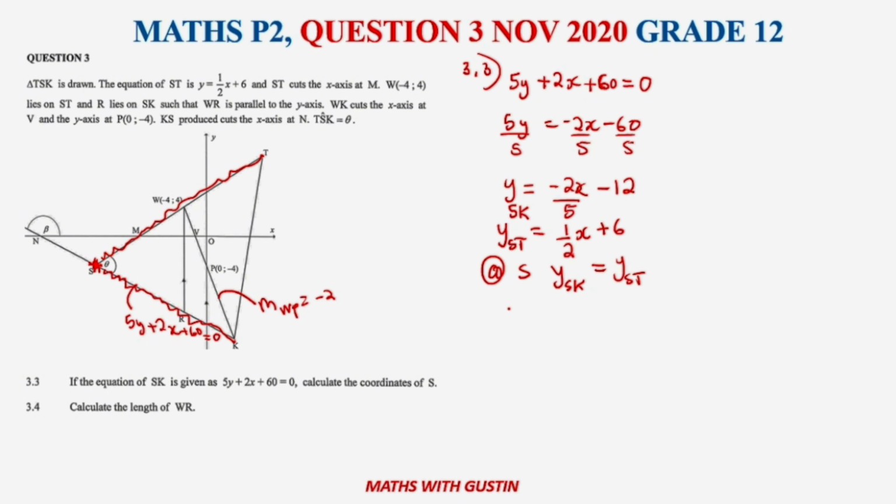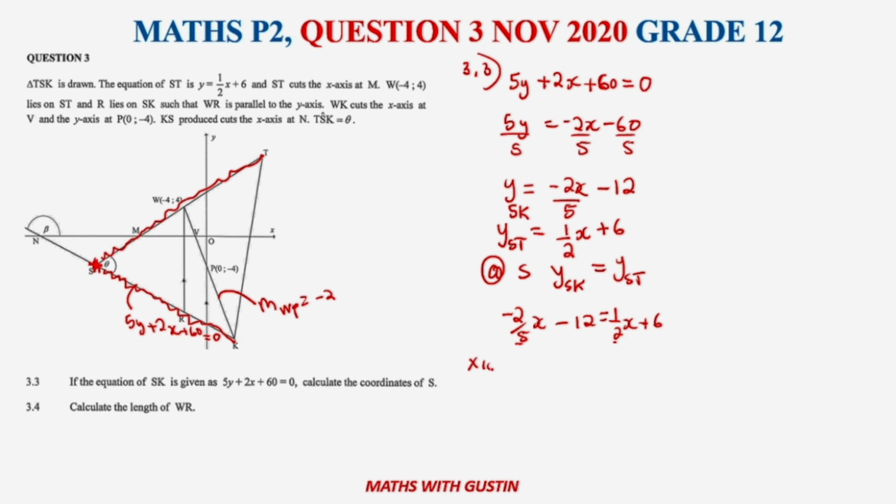Okay, let's come here. SK, which is -2/5 x minus 12, is equal to 1/2 x plus 6. Therefore, we are going to make x the subject of the formula and multiply throughout. But first things first, we can see that there's a 5 there, then there's a 2 here.